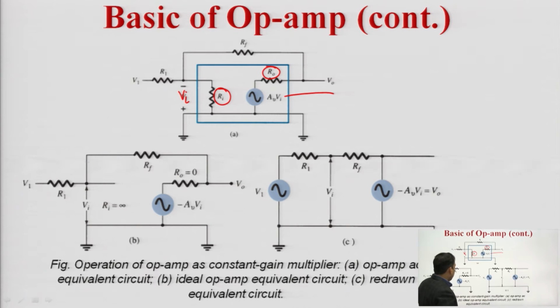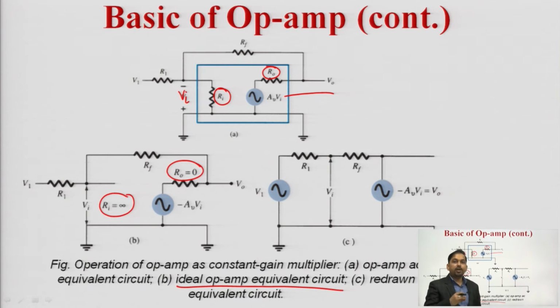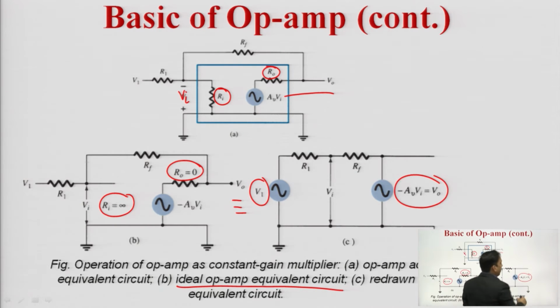If we are using the ideal op amp equivalent circuit, then we have Ri equal to infinite and R naught equal to 0. If we redraw this circuit, it looks like this: we have two sources, one is V1, and the other is minus AV times Vi, and we have R1 and RF, and the potential difference Vi is this one.